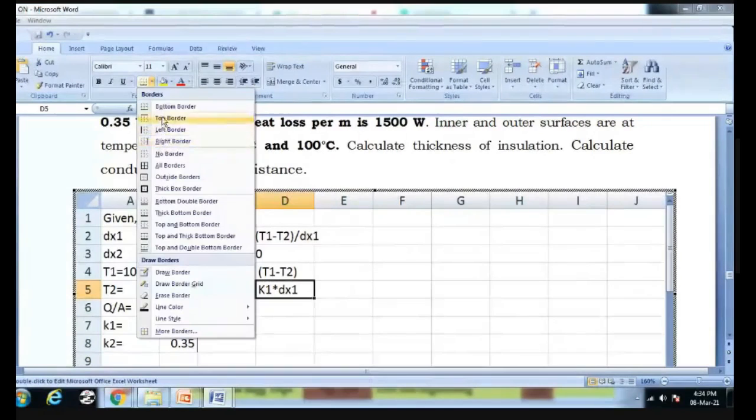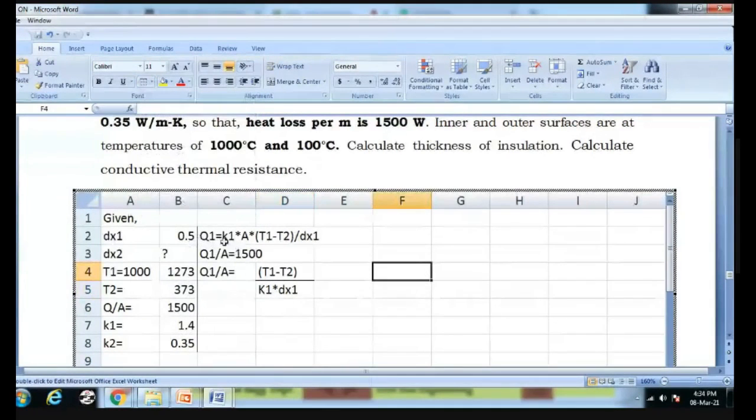Is it correct? Q divided by A will send A on this side, then you have K1. So K1 you are taking on numerator, T1 minus T2 divided by K1 into this one. Is it okay?